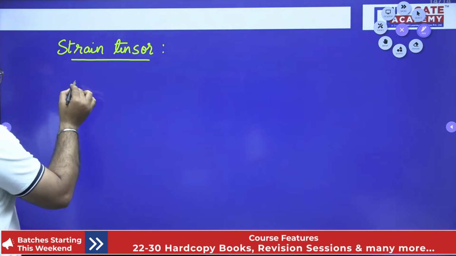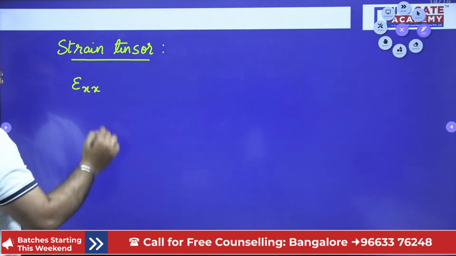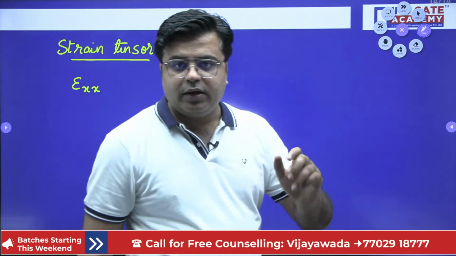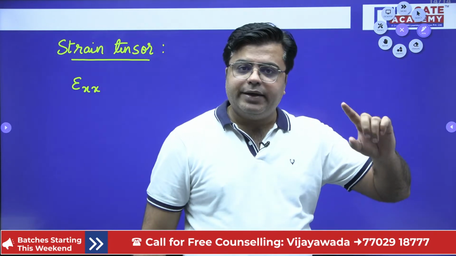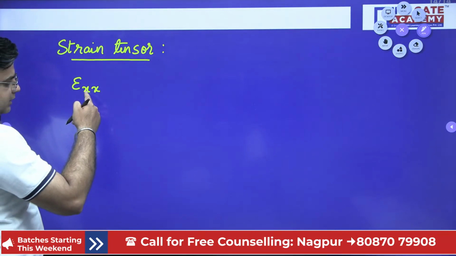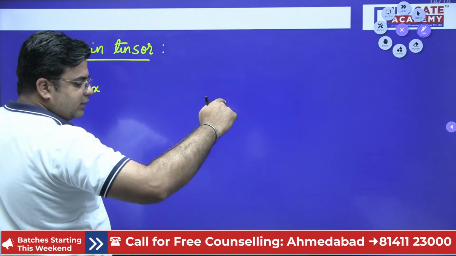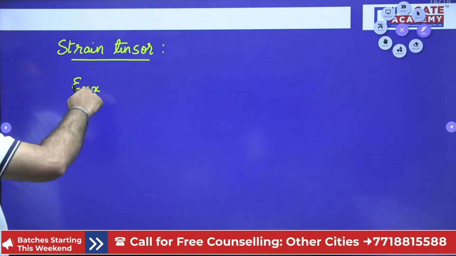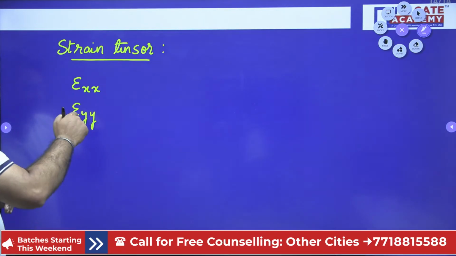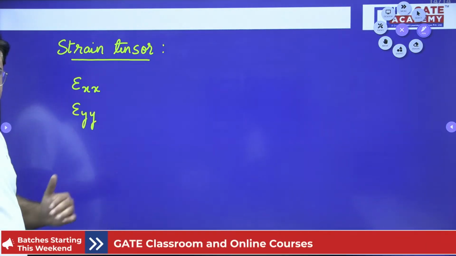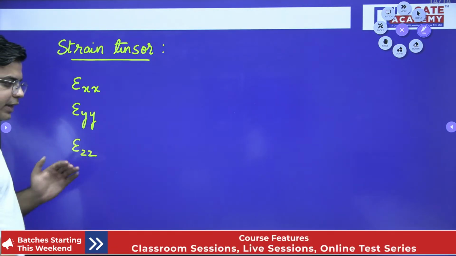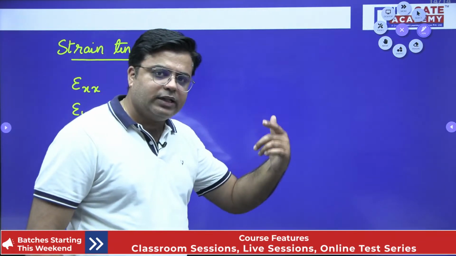If I write epsilon xx, this epsilon xx tells me the normal strain in the x direction due to the load in x direction. Similarly, epsilon yy tells me the strain in y direction due to the force in y direction. Then epsilon zz tells me the normal strain in z direction due to the load in z direction.